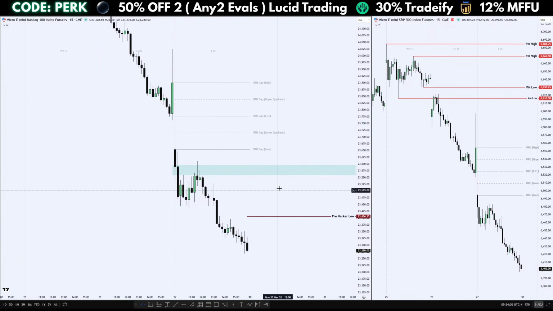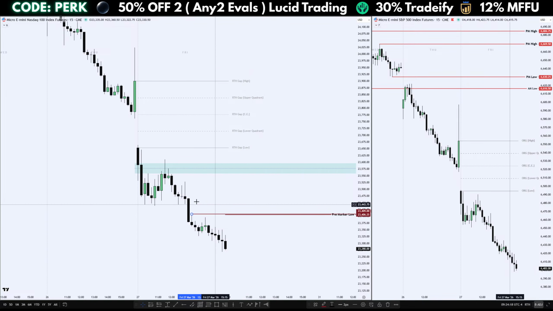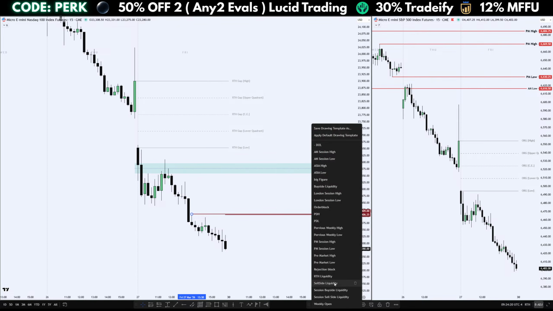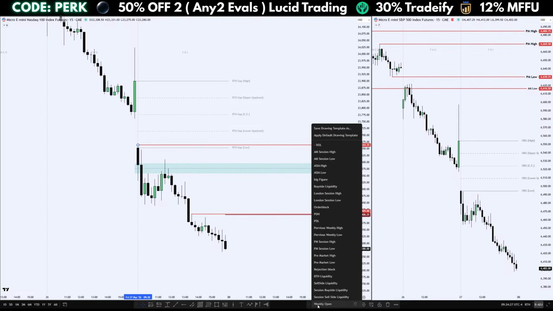But in the RTH chart, we are going to look for yesterday's PM session high. If you check yesterday's PM session high and pre-market low, it is at the same level. Yesterday's PM session high, and this high is going to be the AM session high.